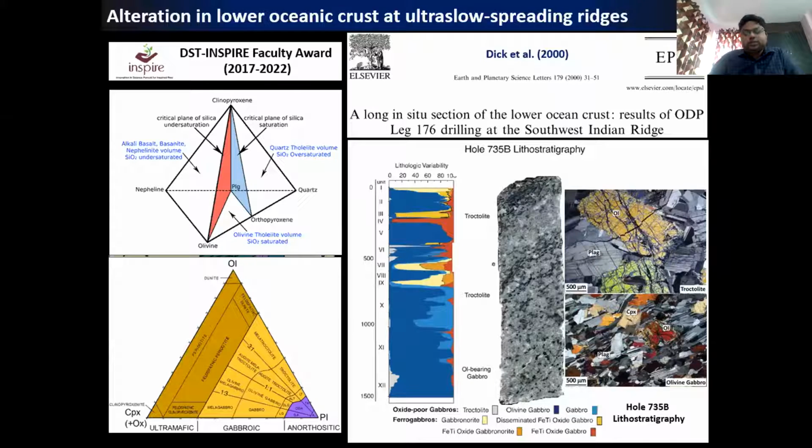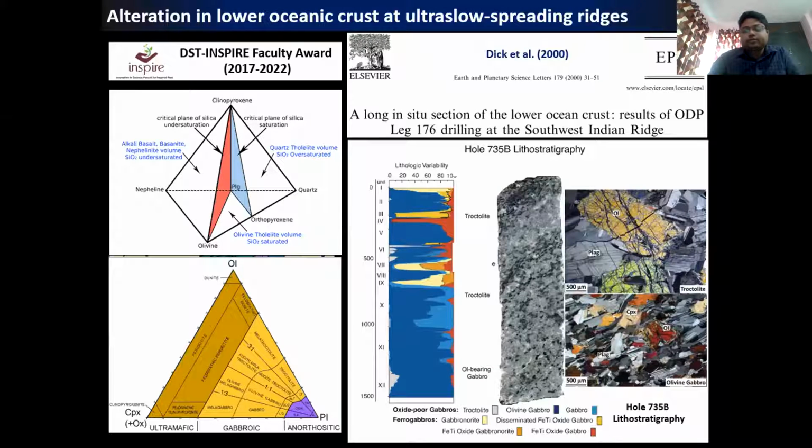So this is the normal slow spreading ridge and fast spreading ridge setting. But in the ultra-slow spreading ridge, this olivine is included into that. So we have a new system which is composed of plagioclase, clinopyroxene, and olivine.